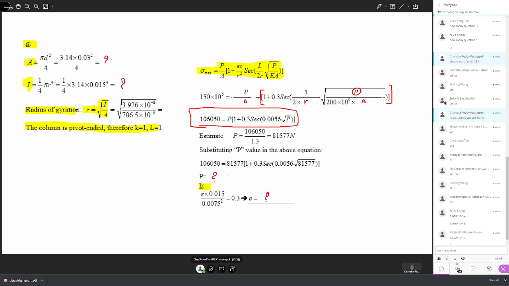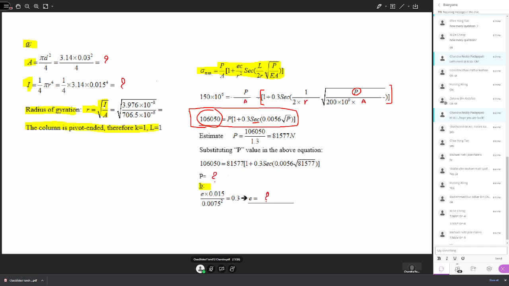Once you put everything in and simplify, you may get something like this. On the right hand side you have 106050. Then the left hand side you have P into 1 plus 0.3, and within the secant you have so much.